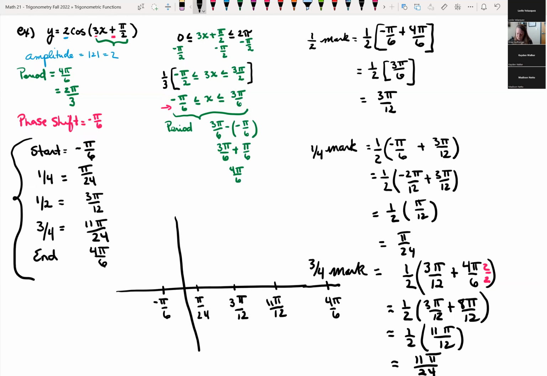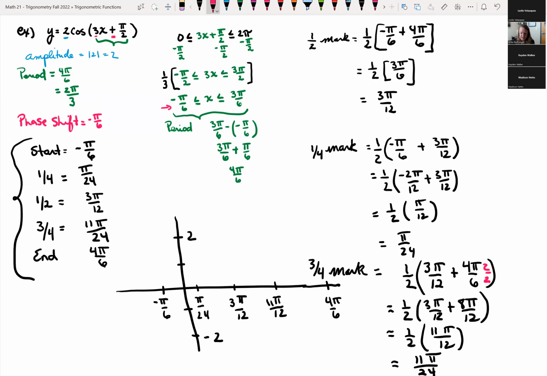Not totally to scale. We know we have an amplitude of 2. There's no vertical shift, and so our max is going to be 2 and our min value is going to be negative 2. I have a cosine function, so normally I start at the max, which I do because there's no reflection across the x-axis.